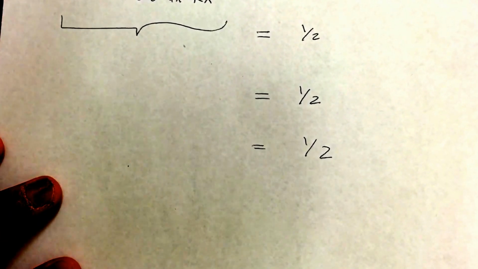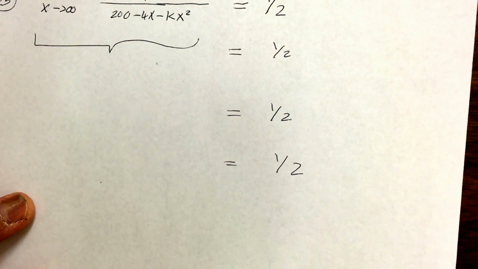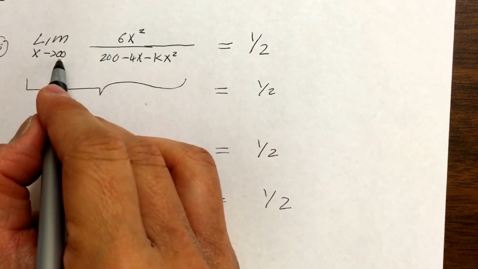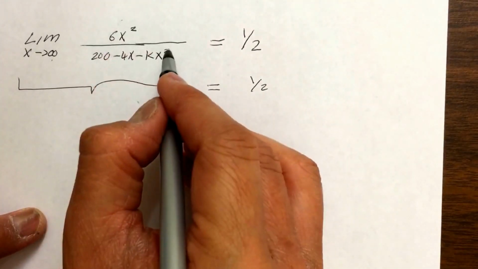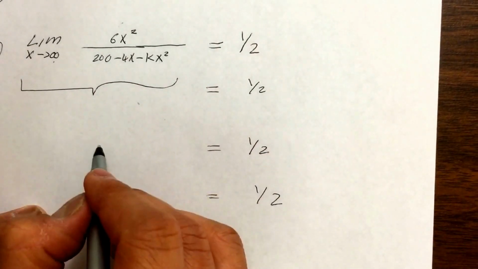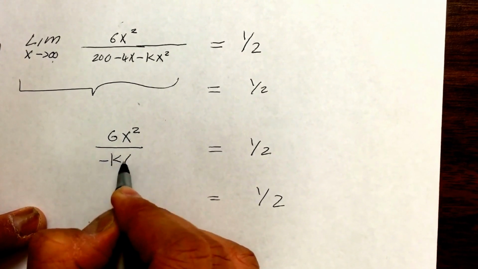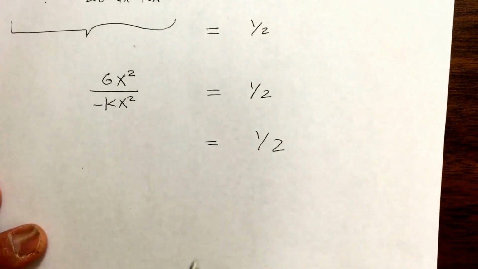one thing you can do is use the end behavior. When x approaches infinity, the only thing that matters is the term with the leading degree. So the only thing that matters is the 6x squared and the minus kx squared. That's because those are the terms with the leading degree.